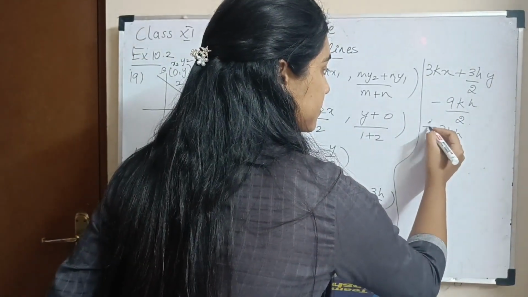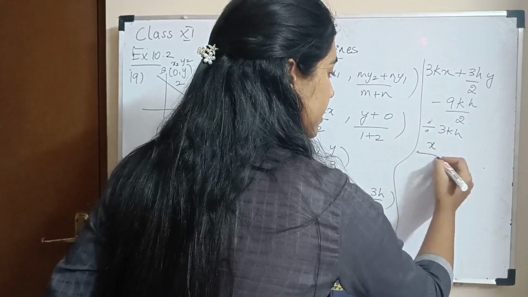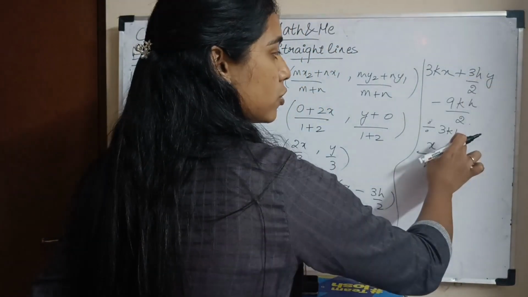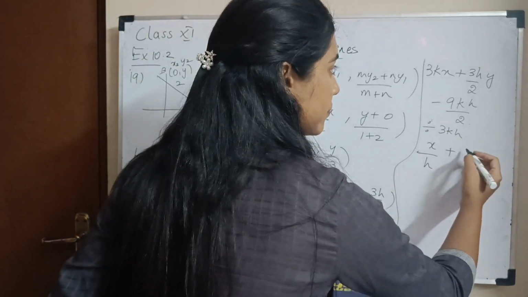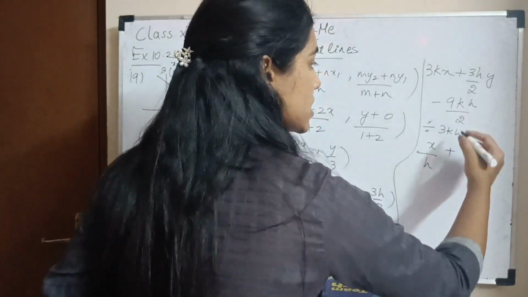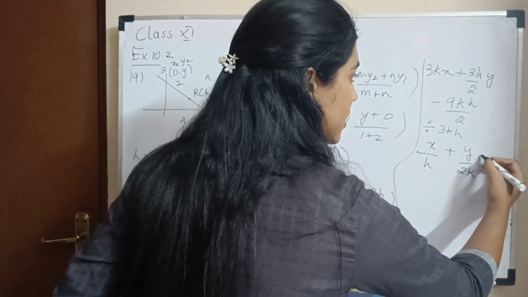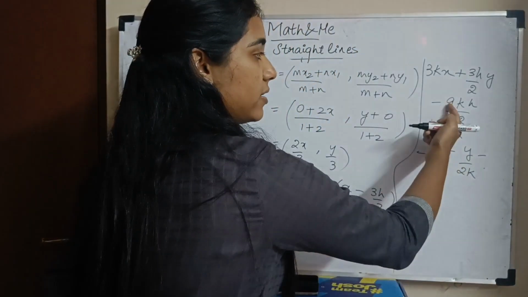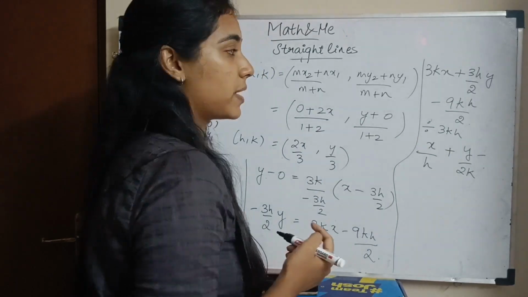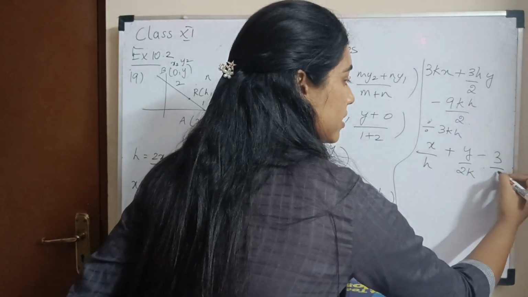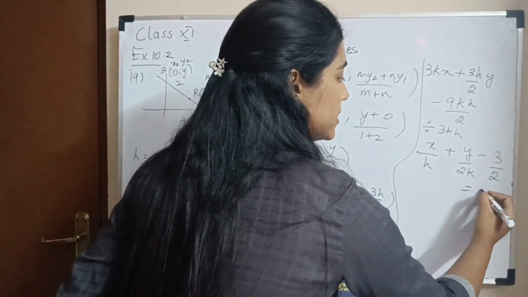So I have x divided by h plus 3h goes off. So I have k. So y divided by 2k minus 3, 9. So it becomes 3. k and h get cancelled. So you have 3 divided by 2 equals 0.